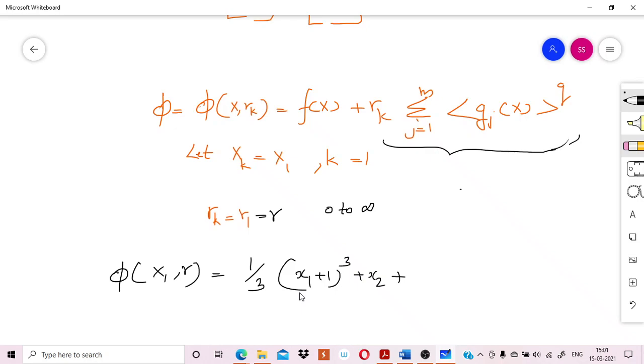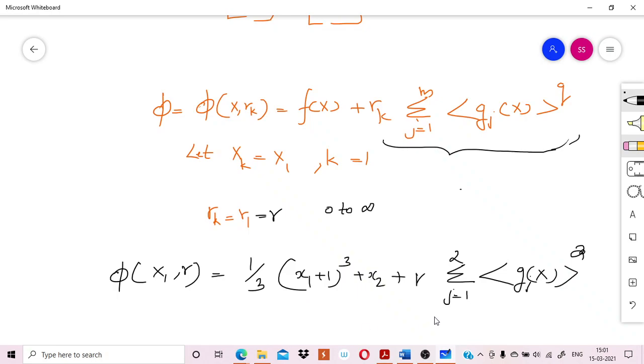For the r case, it is r times the sum over j equal to 1 to 2, because m is equal to 2 and I have 2 constraints, of gj of x to the power q. Actually, this q I have already explained that we are taking by default as 2.